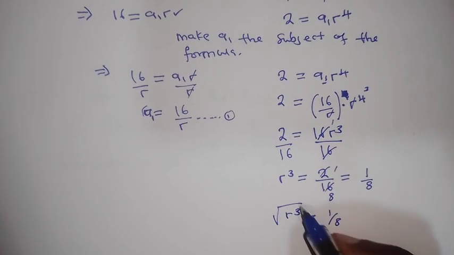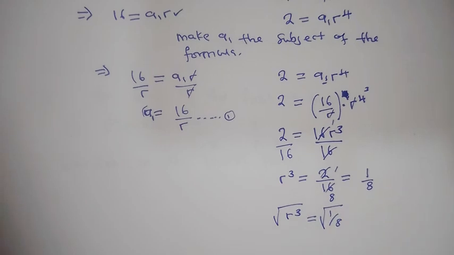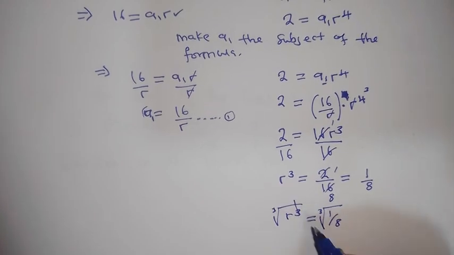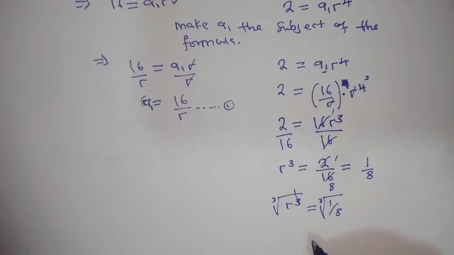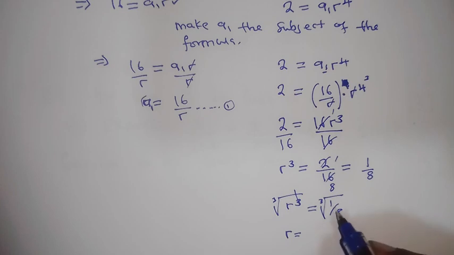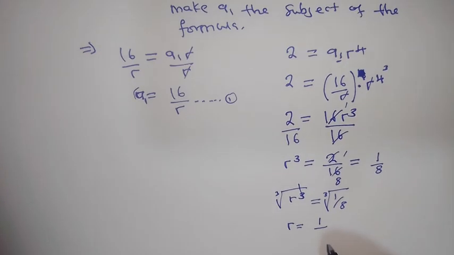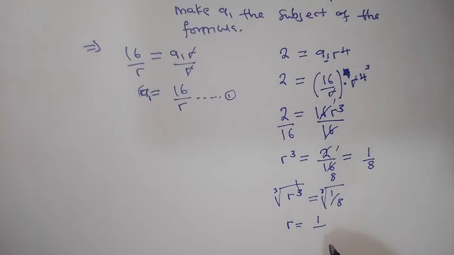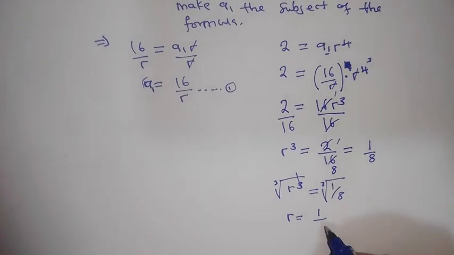So you apply now the cube root. So this goes, and this will become r equals cube root of 1 is 1, cube root of 8 is just the 2.